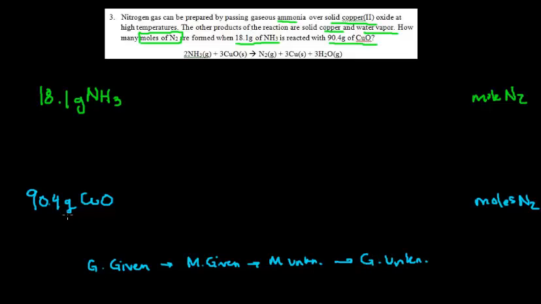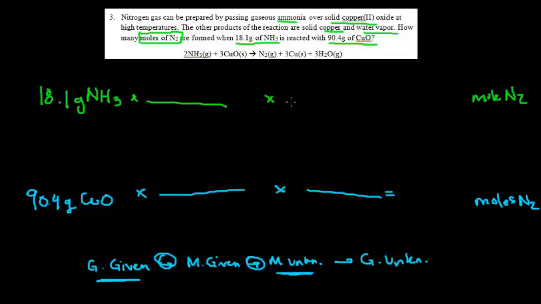Okay, so I'm starting at grams of given because this is grams of the given compound, and then I'm trying to go to moles of, and then this isn't given anymore, this must be the unknown, so I'm trying to go to here. So I've got 1, 2 conversions. So I'm going to draw 1, 2 conversions.